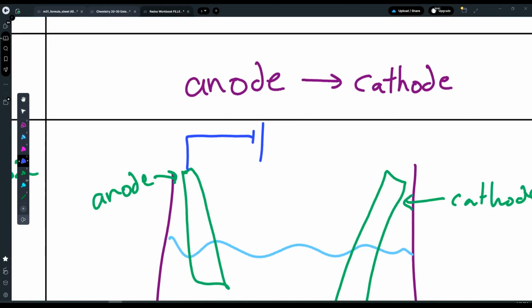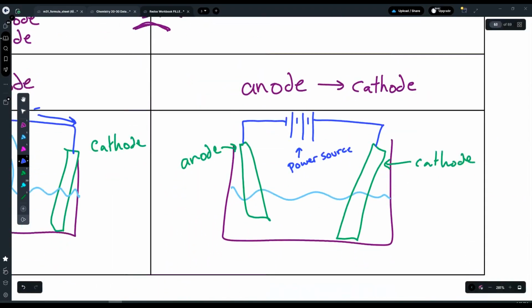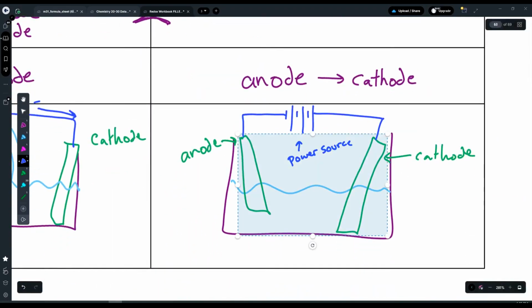So the way we represent a battery in these types of circuit diagrams would be like that. Okay, so each pair of a short stick with a long stick, each of those are like a cell. So this is a power source. So it could be a battery. But electrons still flow from the anode to the cathode.